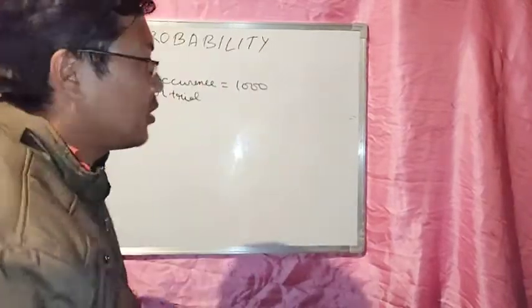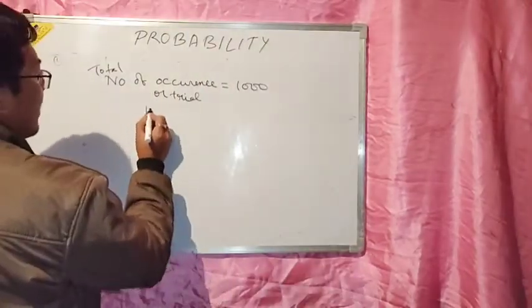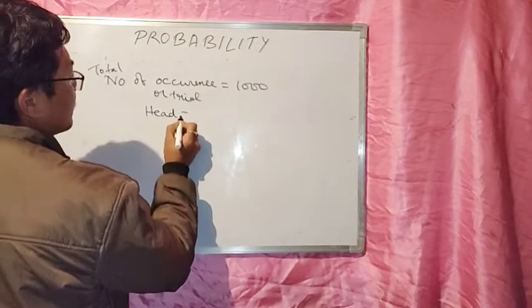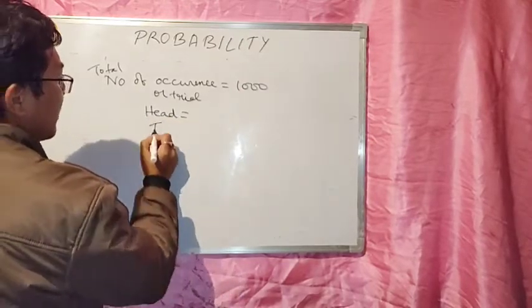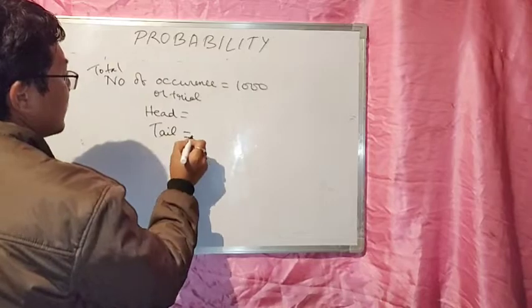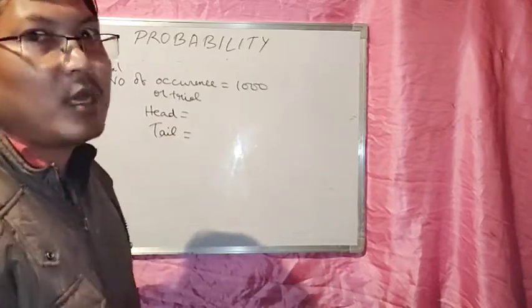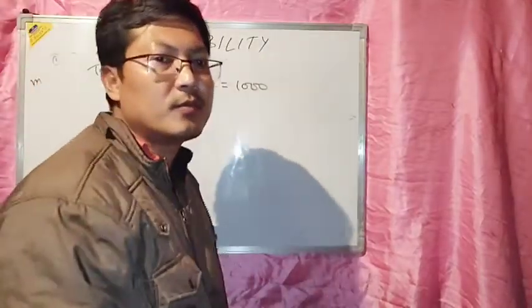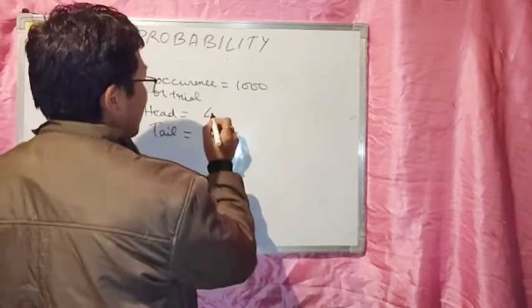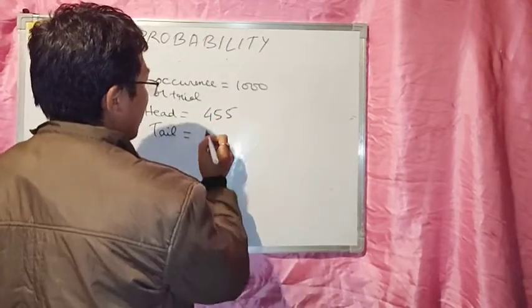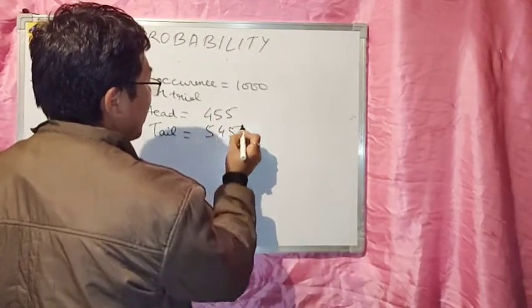Then in the question it is given how many times head came and how many times tail came. Head is given 455 and tail is given 545.